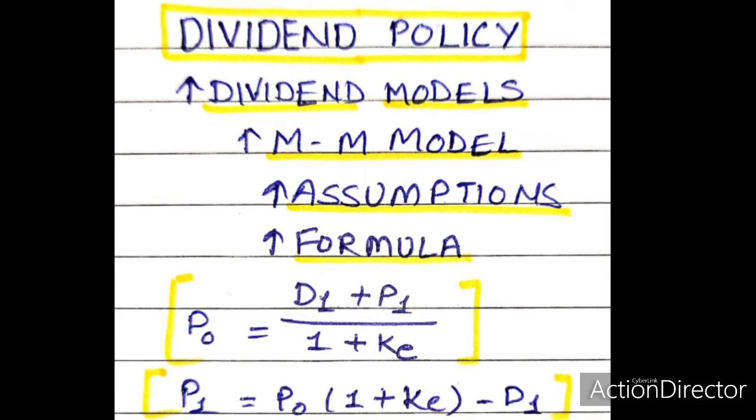According to their observations, under conditions of perfect capital market, rational investors, absence of tax, and no discrimination between dividend income and capital appreciation, given the firm's investment policy, its dividend policy may have no influence on the market price of the shares.